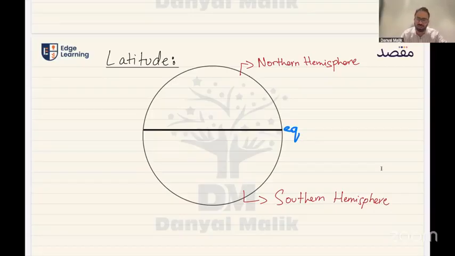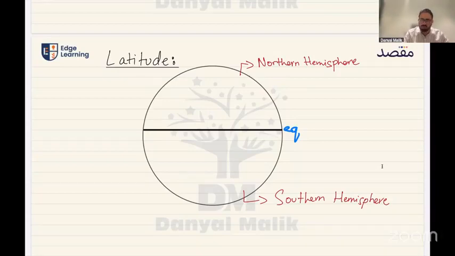Pakistan is located in the northern hemisphere. In fact, Daim, you were correct initially, but then you changed. So it's the northern hemisphere, yes, because Pakistan is above the equator, not below the equator.